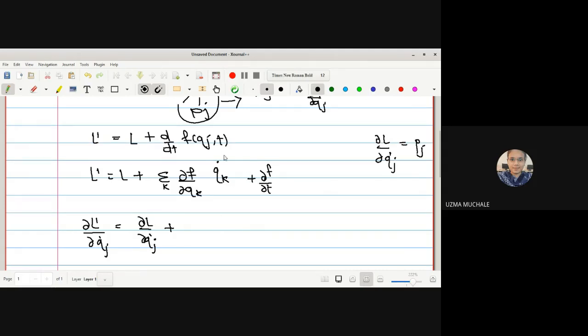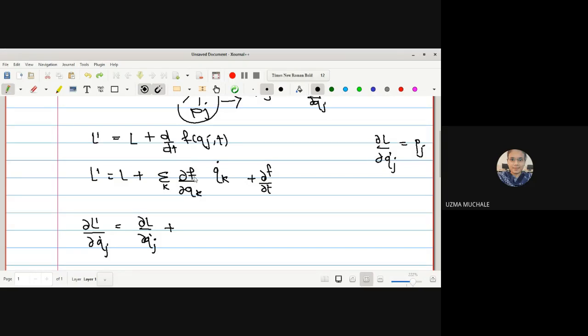Actually, we have to write down the derivative with respect to qk dot also. So we have to differentiate here now. This term as it is, we have to differentiate with respect to qj dot.